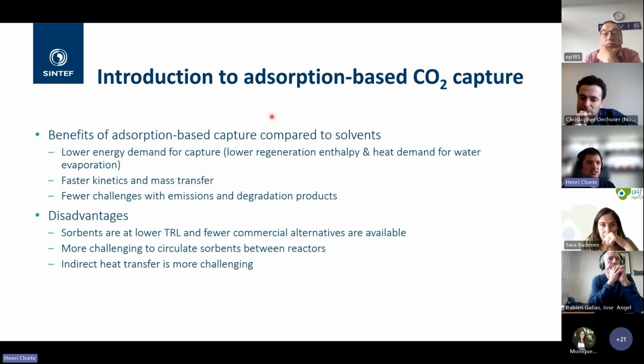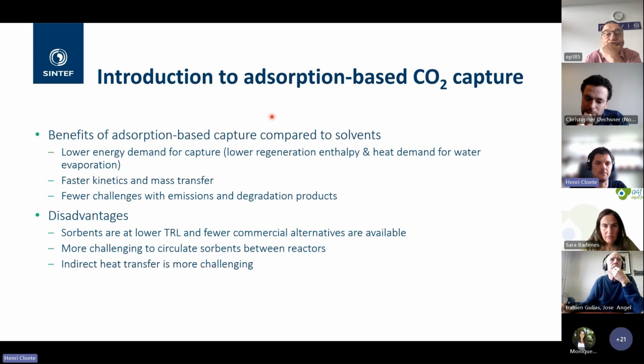But some of the disadvantages of adsorption-based capture: in general, this is at a substantially lower TRL than the solvent-based processes, and there are fewer commercial alternatives available in terms of solvents, which limits the scale-up of the processes a bit. Another challenge is that it is more difficult to move and distribute your solid solvents than it is with a liquid that you can just pump.